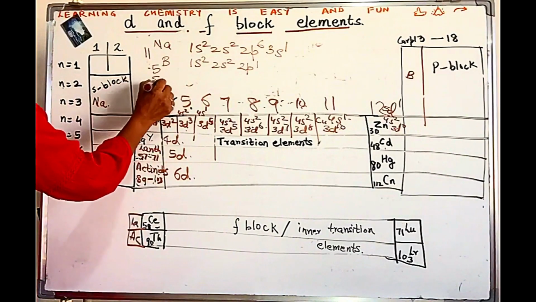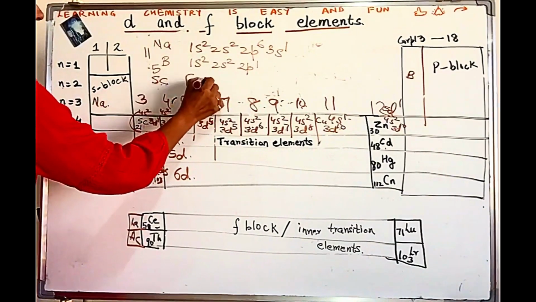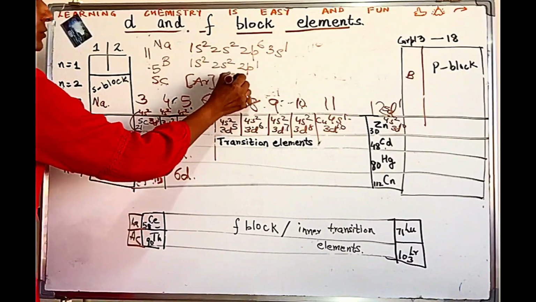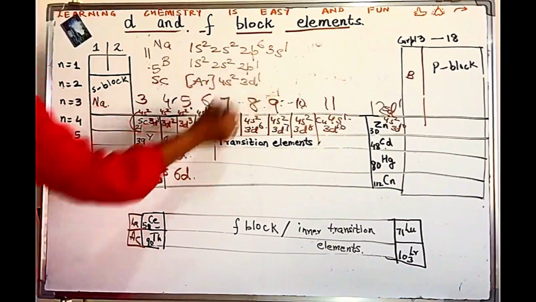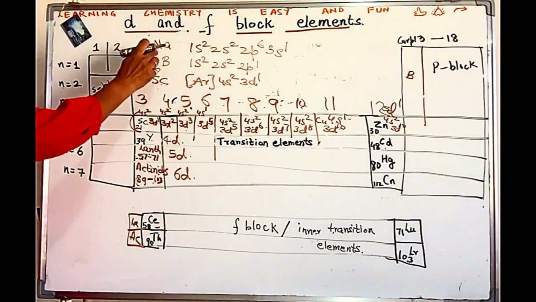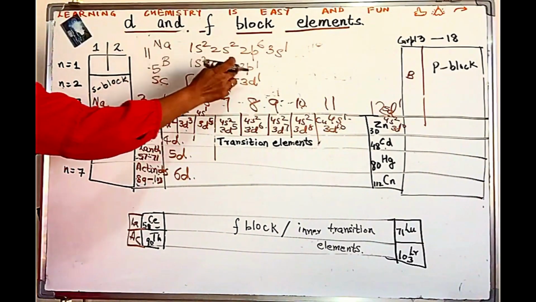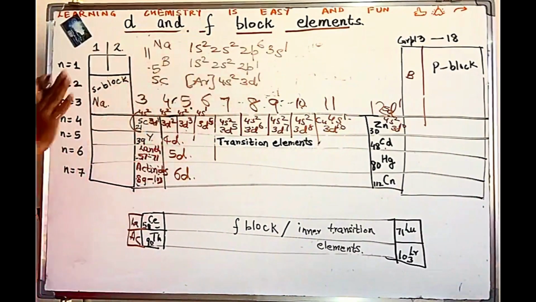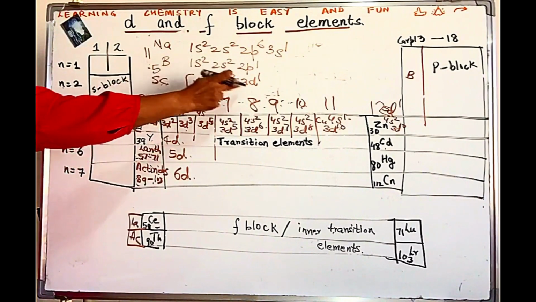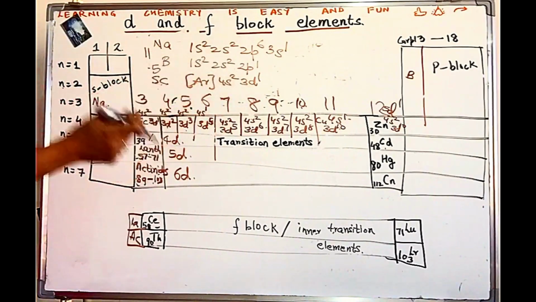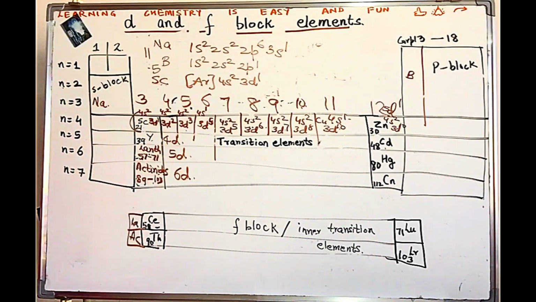For scandium, we wrote argon 4s2, 3d1. In sodium and boron, the last electron is entering into the valence shell. In scandium, the last electron is entering into the inner shell, which is also called the penultimate shell.